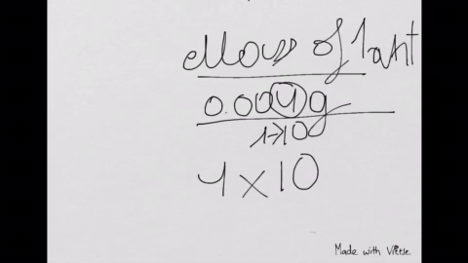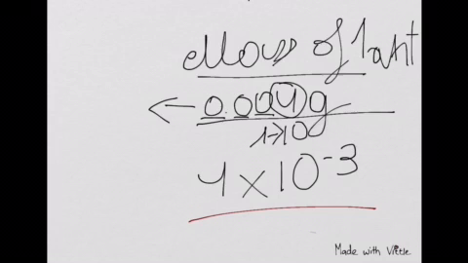Now see all these zeros? There are 3 zeros going the negative direction, which means turning them into negative 3. So, your final answer should be 4 times 10 to the power of negative 3.